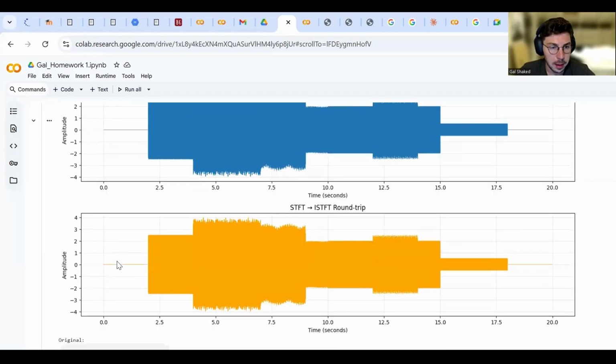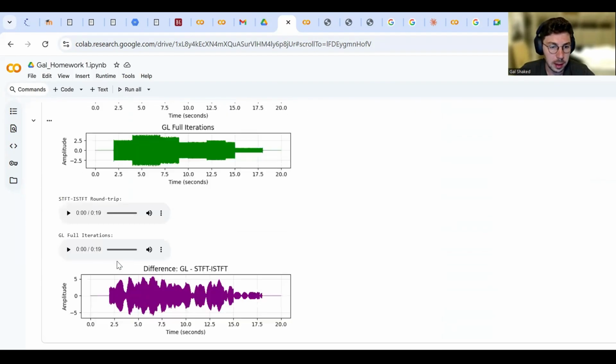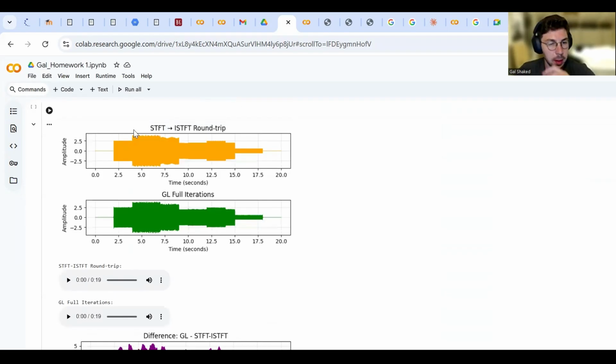Let's jump to the last comparison. So doing the comparison in question 6 between the perfect reconstruction resulting from one round trip of STFT to inverse STFT, indeed, it sounds very similar. We cannot really differentiate between the two.